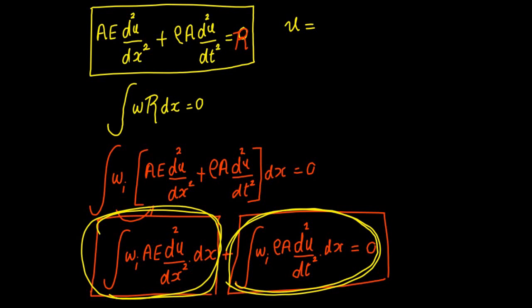So I will write that term separately: the integral of Wi into rho A into d squared u over dt squared with respect to dx. I use Galerkin's weighted residual method on this term, and let me see whether I'm getting the mass matrix.